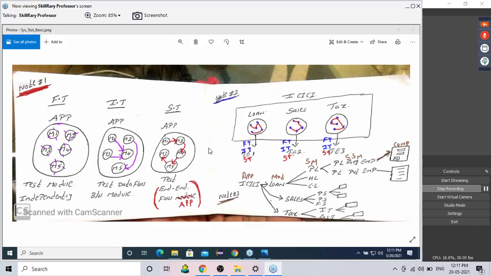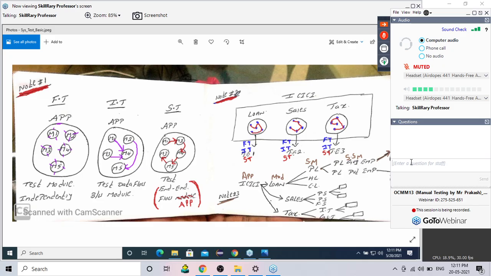Note number two: every test engineer in the company will do functional, integration and system testing on their assigned modules. Simple answer, on their assigned modules. And third one.